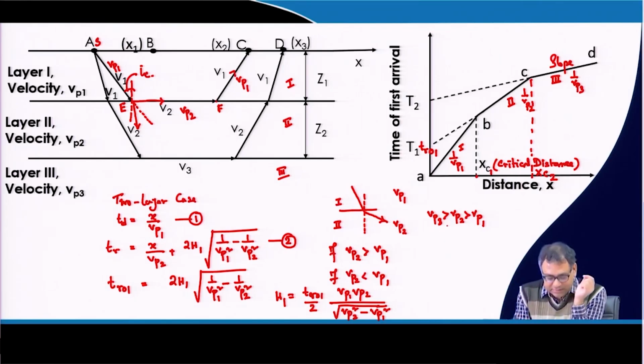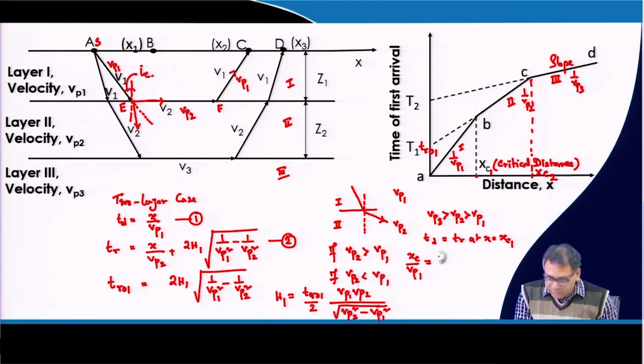So, at this critical distance my TD is equal to TR at x equal to xc1. Okay. So, now if I put that, I can write that xc1 divided by Vp1 will be equal to xc1 divided by Vp2 plus 2h1 root over 1 by Vp1 square minus 1 by Vp2 square.